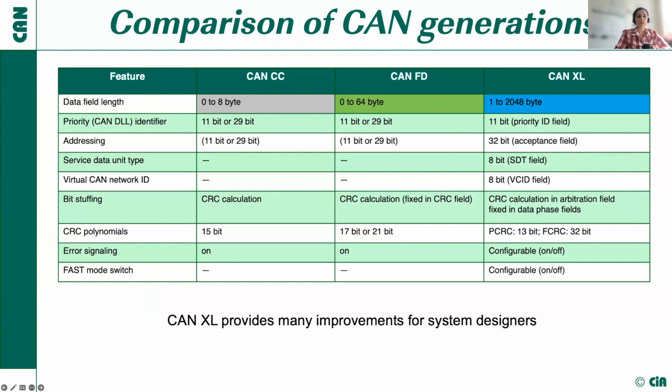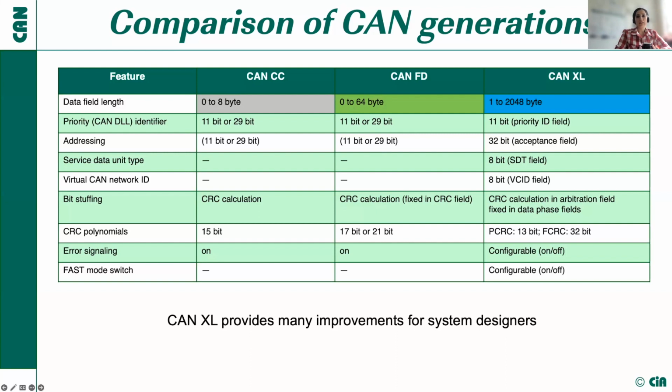The CAN ID in CAN CC and CAN FD is used for both arbitration and addressing purposes, and they have two options to have 11-bit or 29-bit. But in CAN XL, this function is separated, as you can see here.